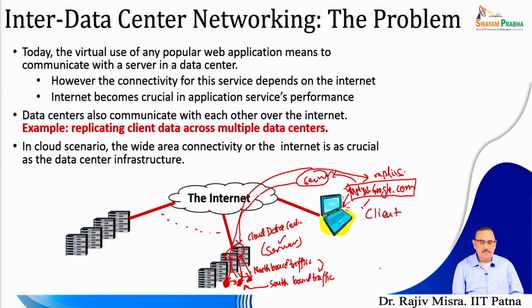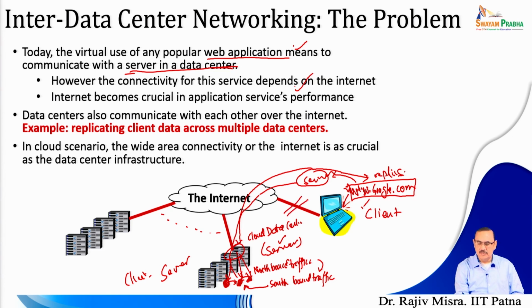Now, this is what we are now discussing over here, that the virtual use of any popular web application means to communicate with the server and that is called the data center. So, data center we call it as a server in a client server architecture. However, the connectivity for this particular service depends upon the internet.